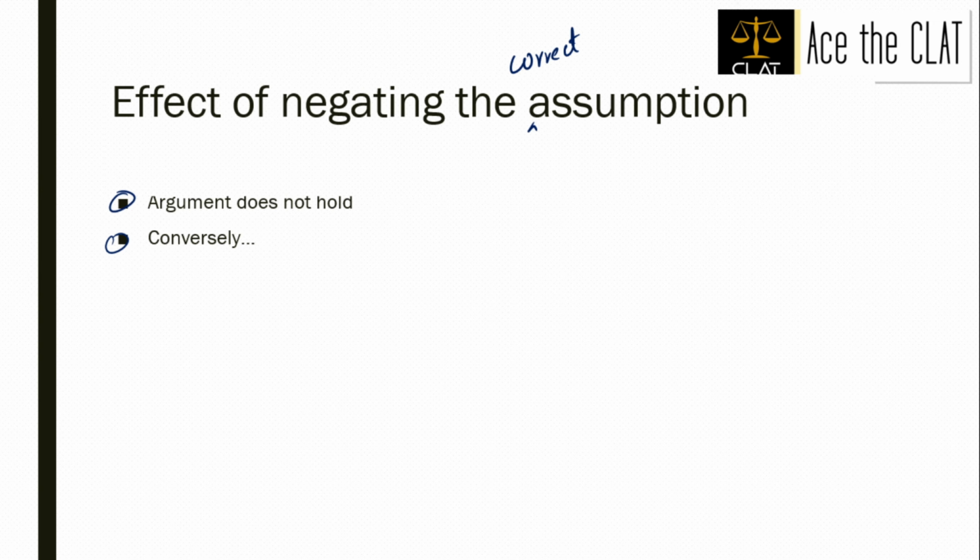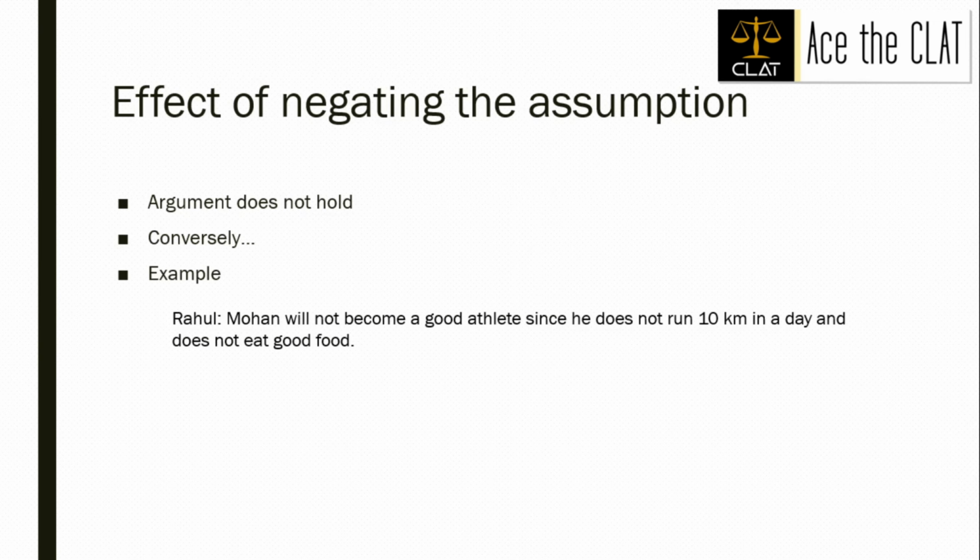Moving ahead, let's take this example. Rahul says that Mohan will not become a good athlete since he does not run 10 kilometers in a day and does not eat good food. So our author is Rahul, and he claims that Mohan will not become a good athlete, and the reason is that he does not run 10 kilometers in a day and does not eat good food.